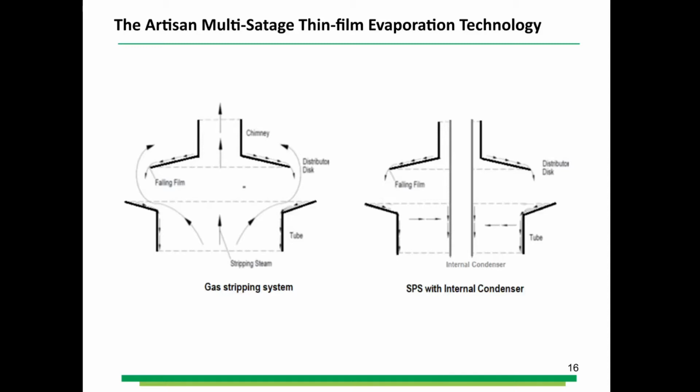In the second option, we are introducing an internal condenser. So in this case, the vapors generated do not travel into the vacuum system, but instead they are condensed on the internal condenser and fall out of the evaporator as a product, as a true short path distillation technology.